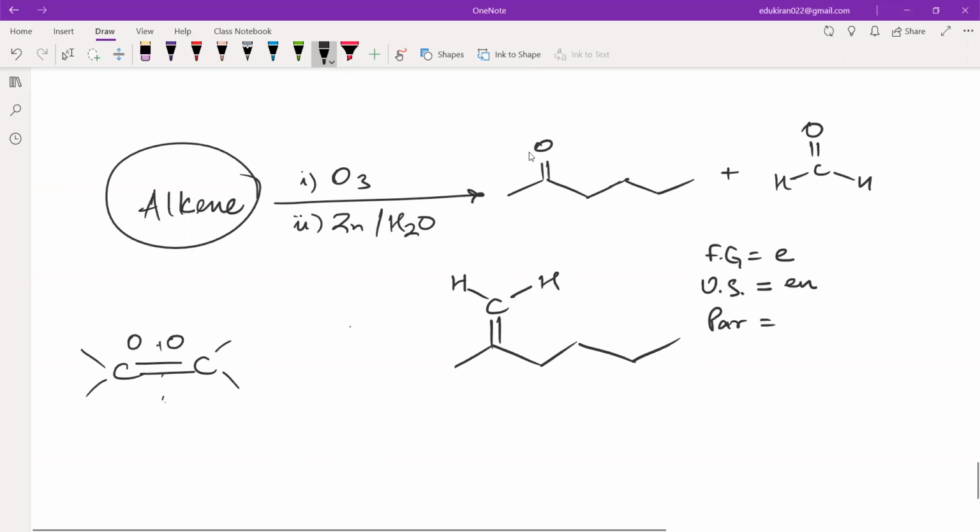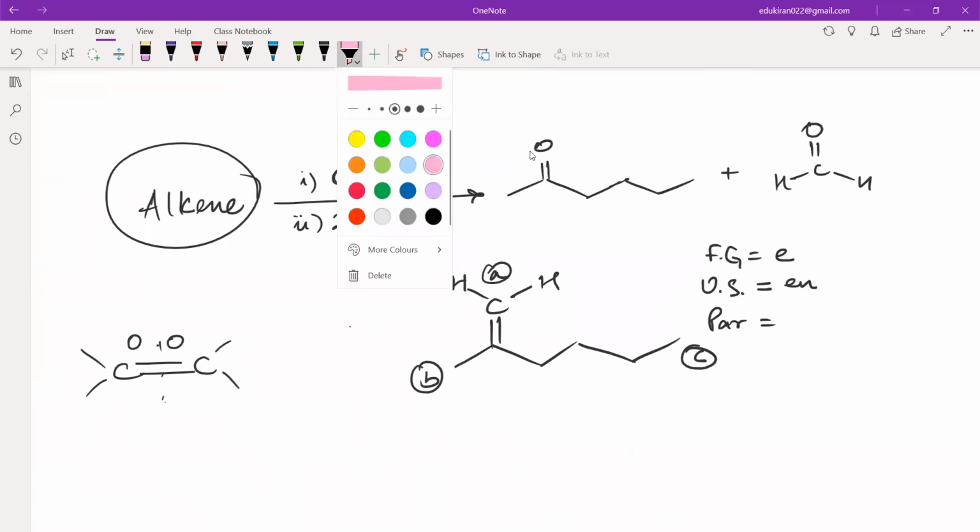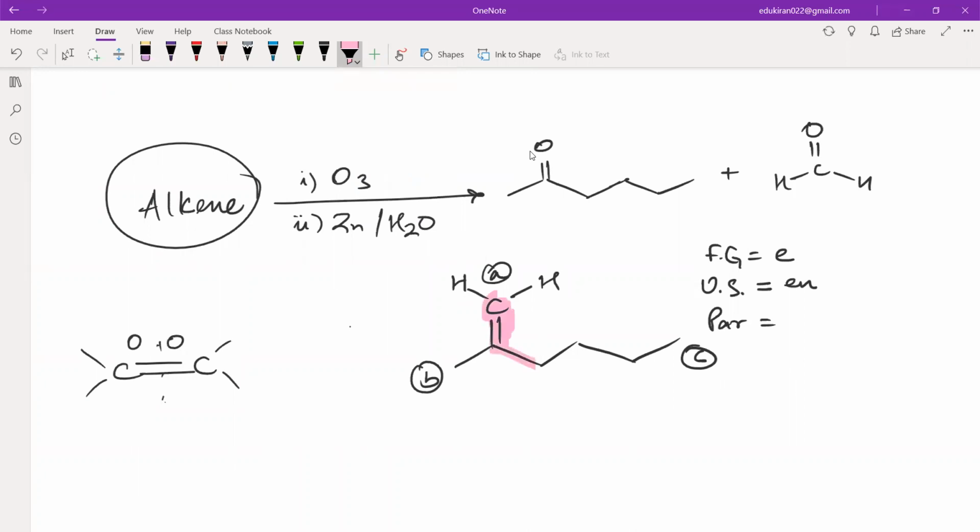So in parent, where will I start from? Carbon number A, B, or C? Which terminal? Tell me. Where should I start from? A. Very good. So how many carbons? 6, right?